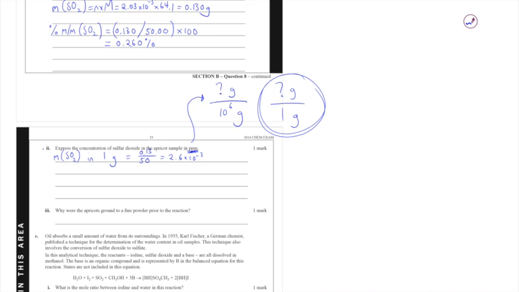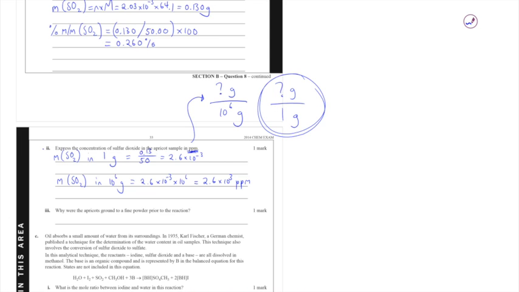The reason I'm doing this is to calculate the amount of mass in 1 gram, because then all I need to do is: mass of sulfur dioxide in 10 to the 6 grams equals 2.6 by 10 to the minus 3 times that conversion factor, 10 to the 6, and that gives me 2.6 by 10 to the 3 ppm.